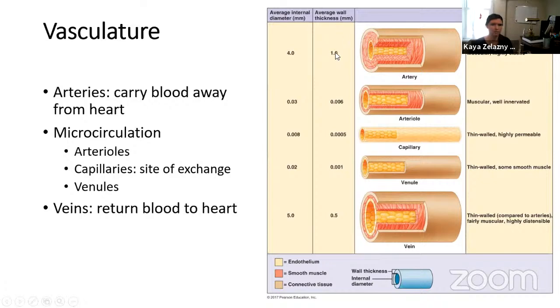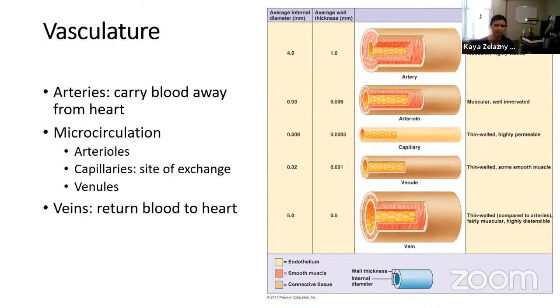The reason this is interesting is that we're going to see there are different numbers of layers and different thicknesses of layers in our different vessels. We can see that our arteries are really strong. They're muscular. They're also highly elastic. They're going to have a thick layer with collagen and elastic properties. We talked about this some when we talked about the aorta, and we're going to come back to the aorta again today.